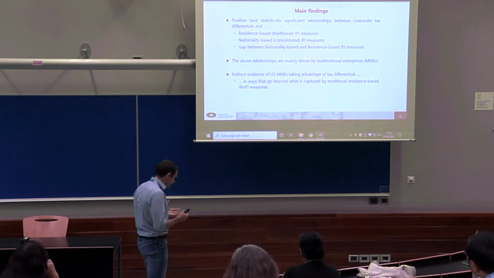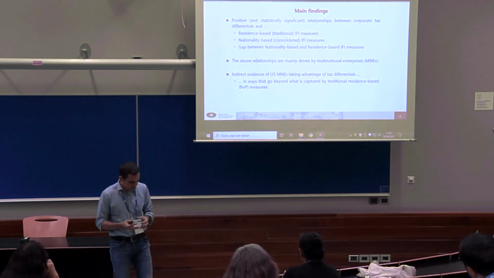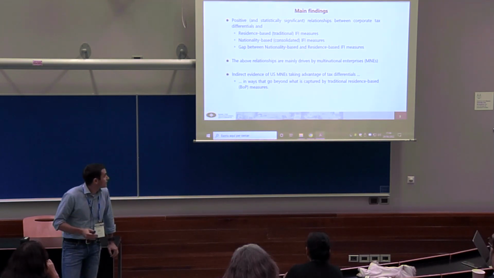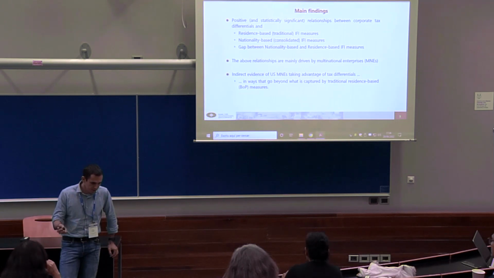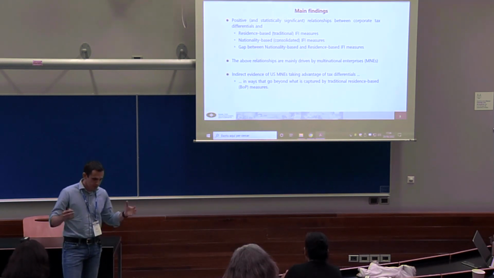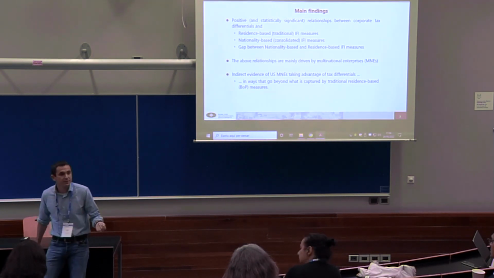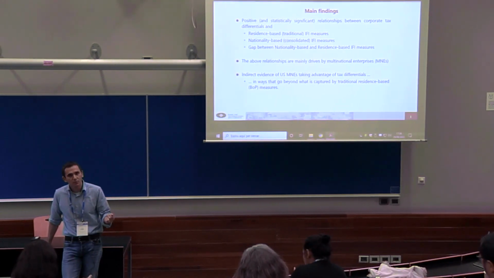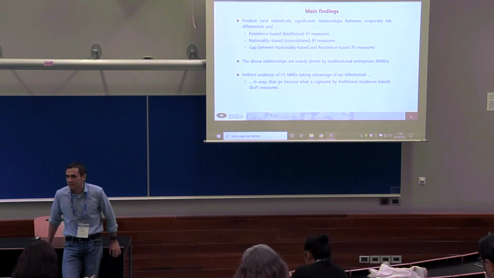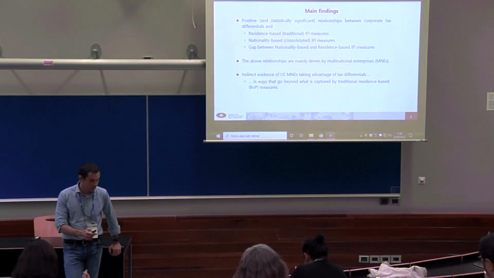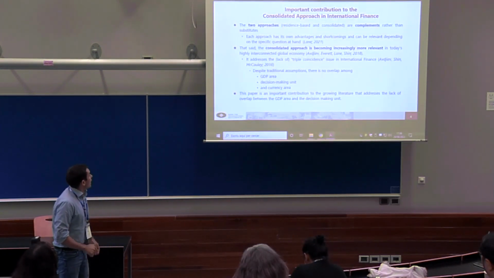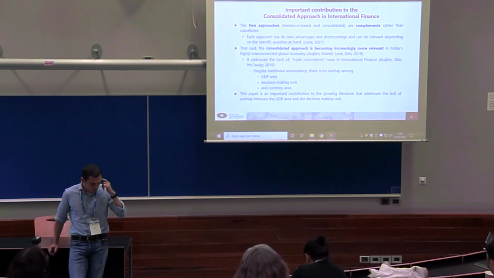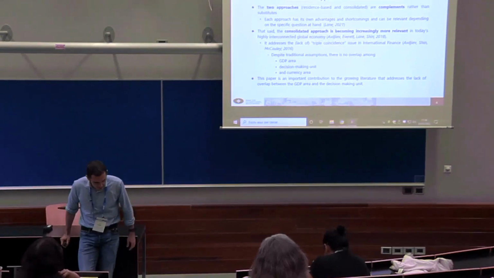And this is interpreted as indirect evidence that multinational enterprises are taking advantage of tax rate differentials across countries, and they're doing so in a way which is not fully captured by standard residence-based statistics. This is an important contribution to the so-called consolidated approach to international finance.